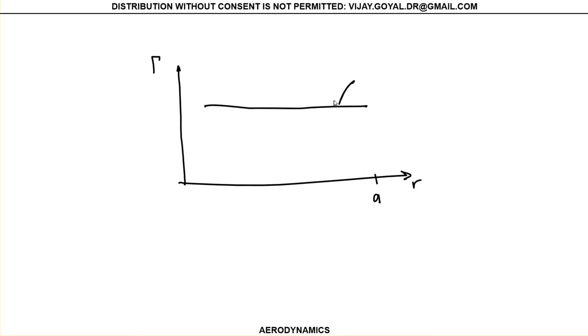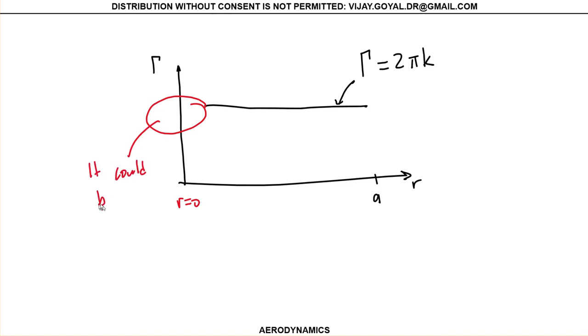So this is nothing else than your circulation 2 pi k. However, what happens in this region, as I get close to r equal to 0, the center of the cylinder, in this region, it can be anything. So it could be something else.